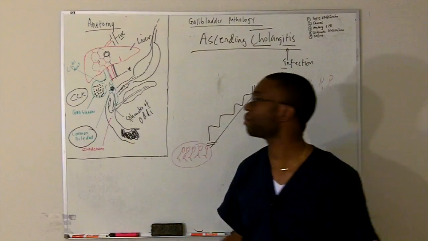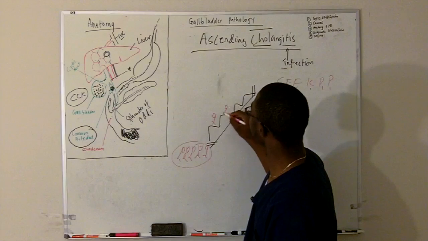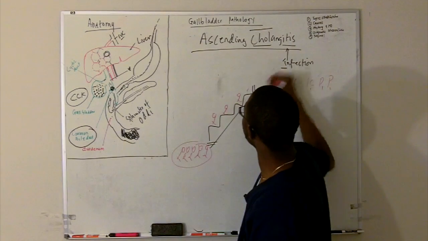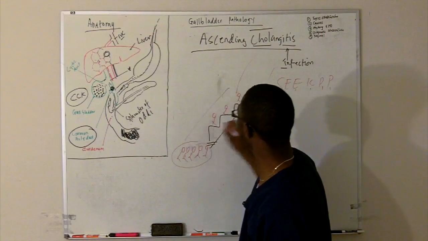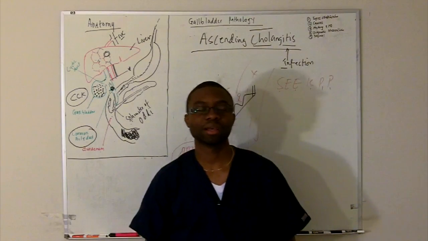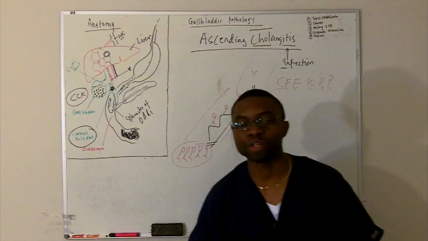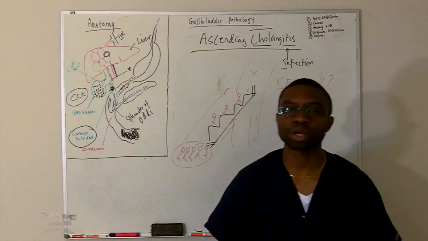His buddies come with him. They ascended. They climbed the stairs. They all climbed the stairs. Now they end up in what? They get into the biliary tree through this beautiful hole, and now they're having sex. Mating, bacterial overgrowth. Now you've got an infection. So now we know the cause.